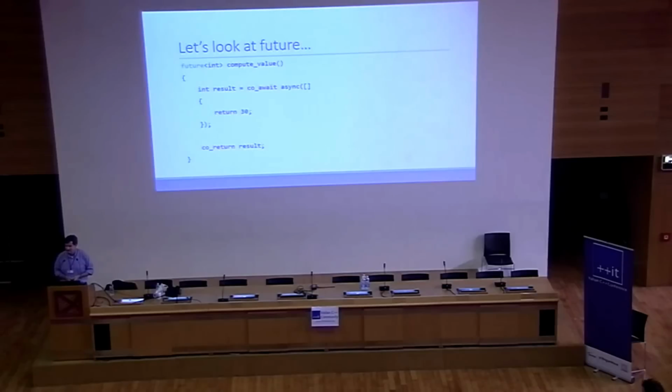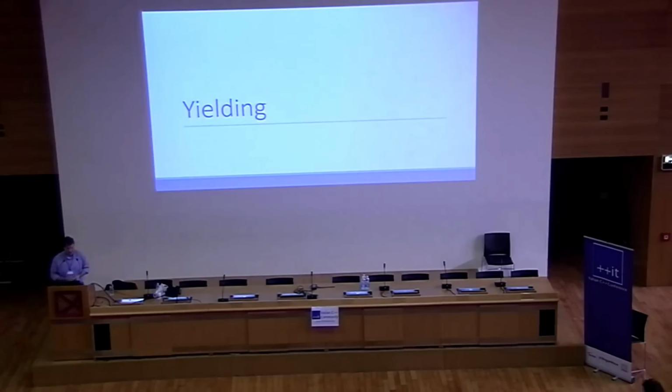I have 5 minutes left, so I will go through the one last section quickly. So that's all the basics on coroutines. There's one other feature that we'd really like to be able to support in C++, or I guess I should say there are a lot of other design patterns that involve state machine transformations that we'd like to be able to support in C++, and coroutines enable us to implement a lot of those.